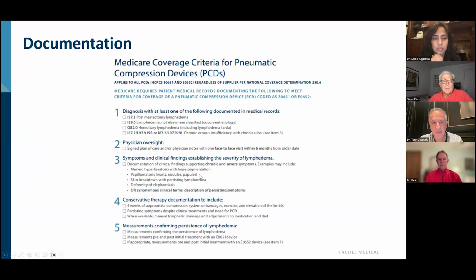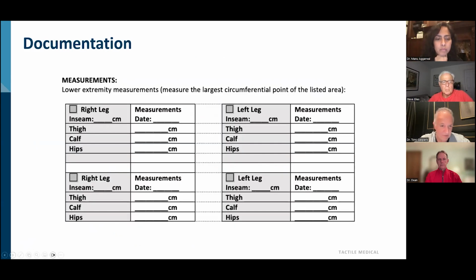This here is a cheat sheet that Tactile has put together to help with Medicare coverage criteria. And the previous criteria, again, was for Medicare-based patients. But this can actually be a pretty simple way of following the requirements in order to be able to get a patient prescribed or qualified for a pump.